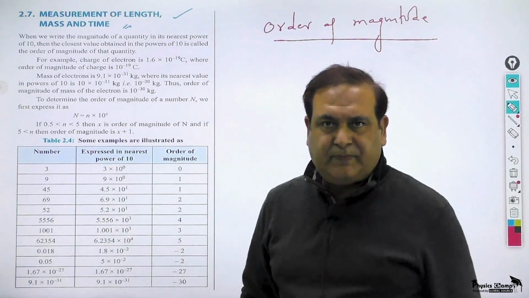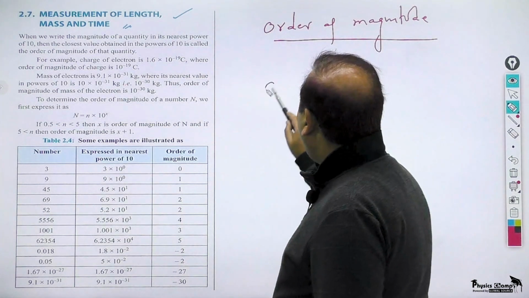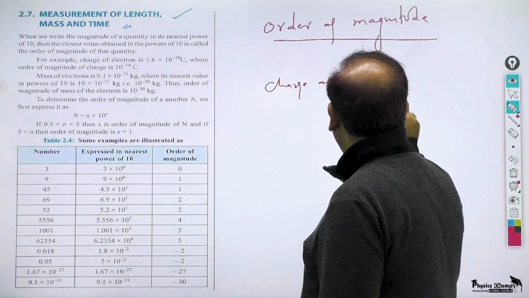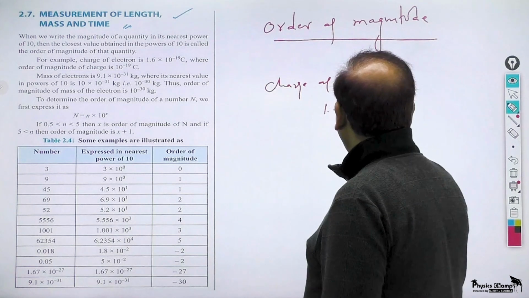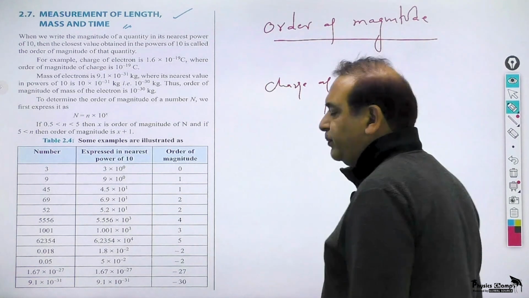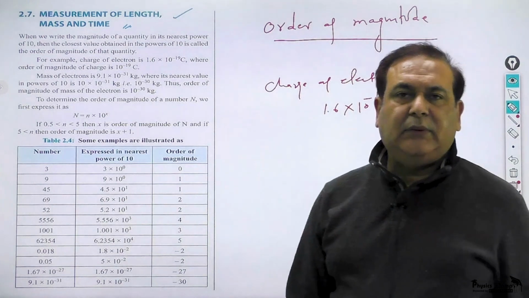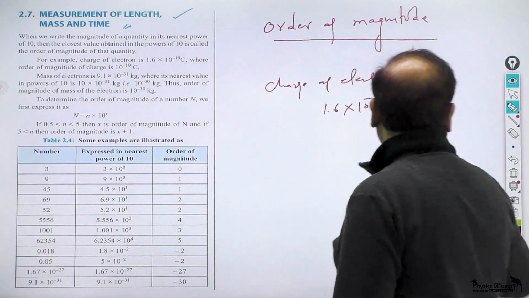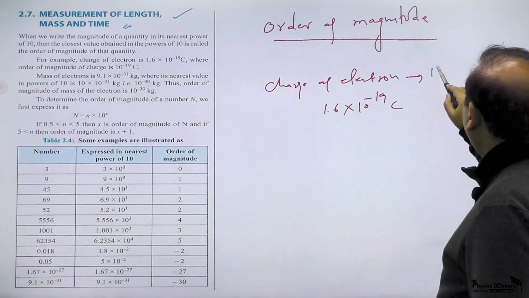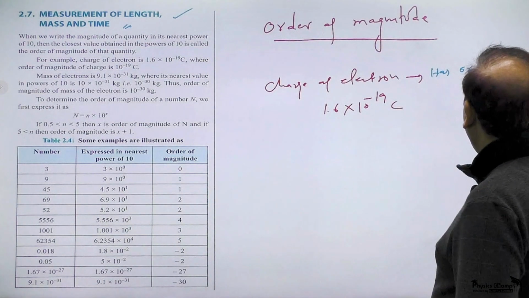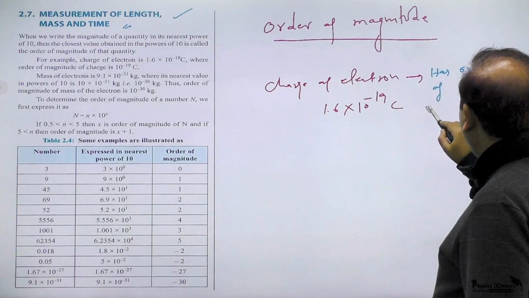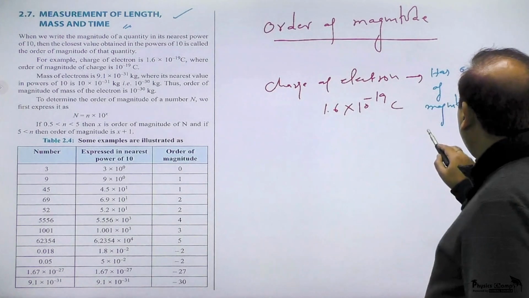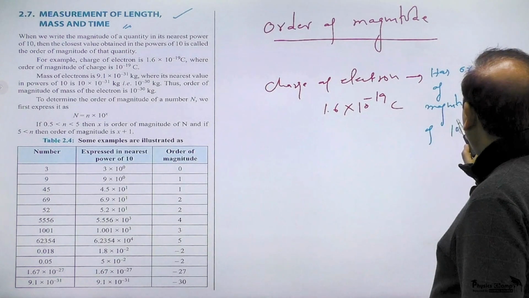For example, if I say the charge of electron is 1.6 into 10 to the power minus 19 coulomb, I would say the charge of electron has an order of magnitude, its magnitude has an order of 10 to the power minus 19.